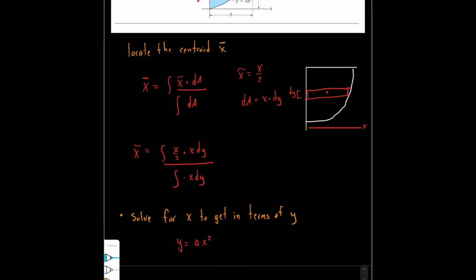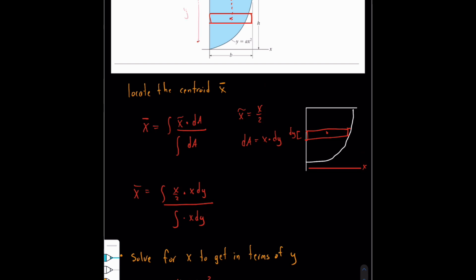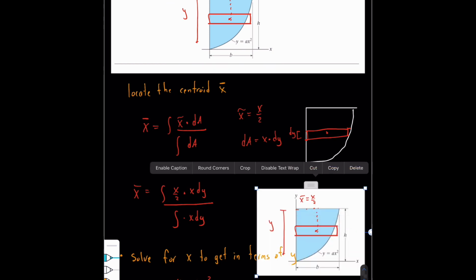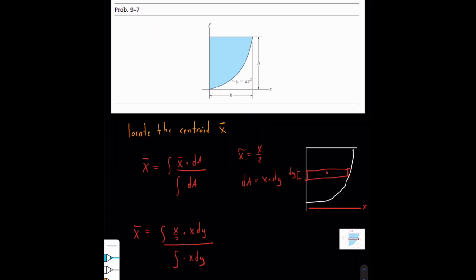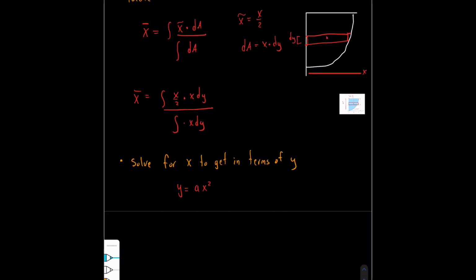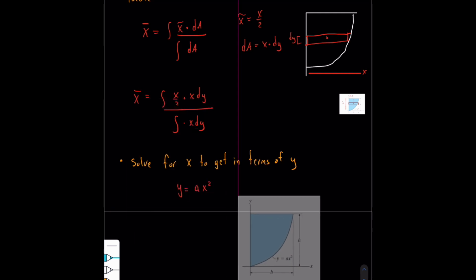However, to solve for these, I'm going to copy this figure. Quick. Bear with me. Make sure I don't lose the figure or the image. Now I'm going to put this here.